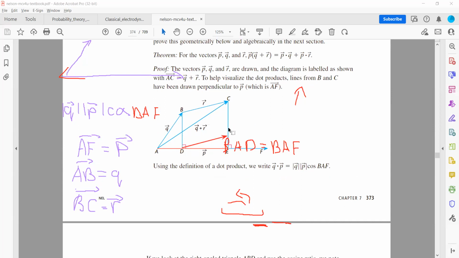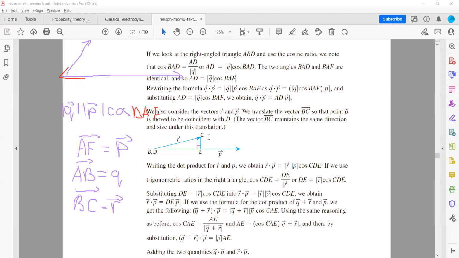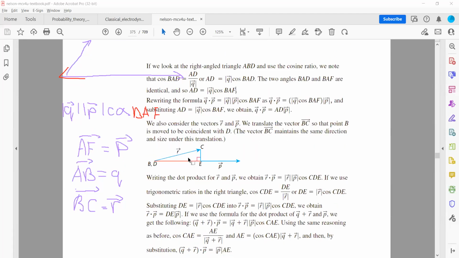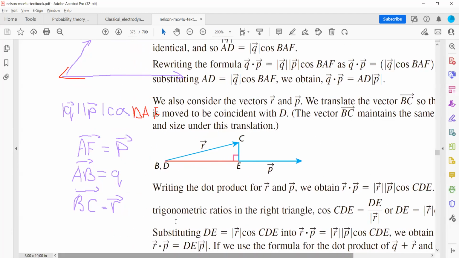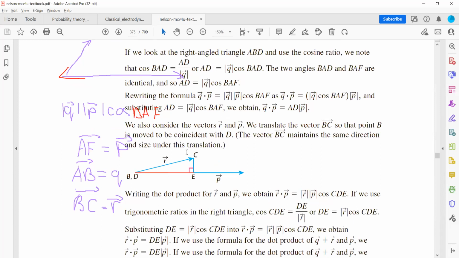And the result, you can see it right here. That's what we get as an outcome. So keep in mind that vector should maintain its initial direction after being translated.